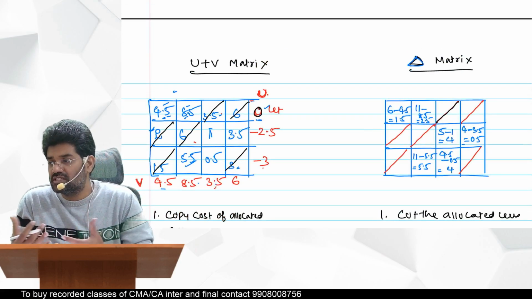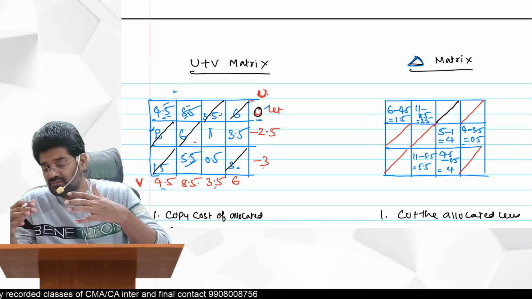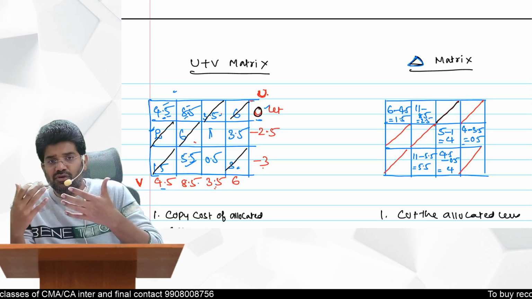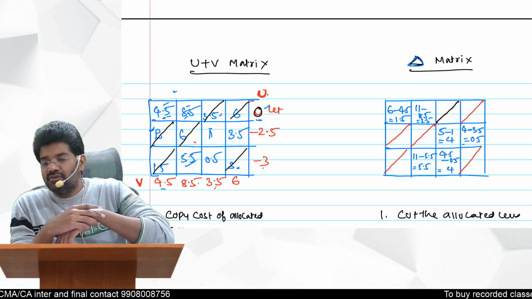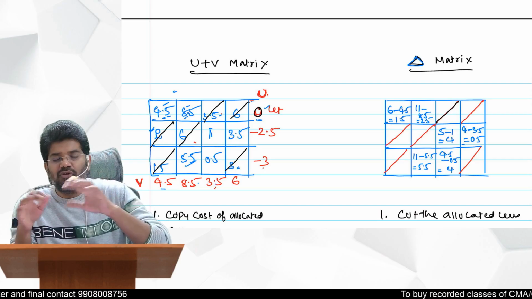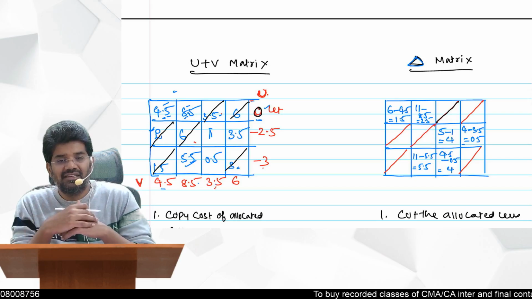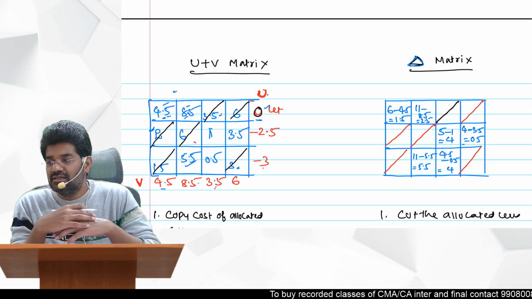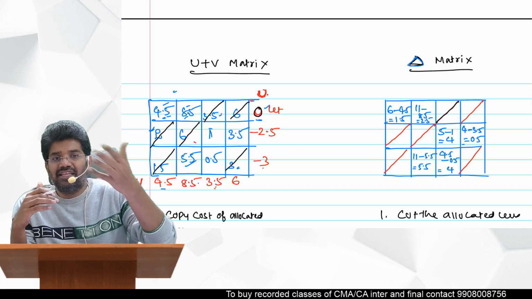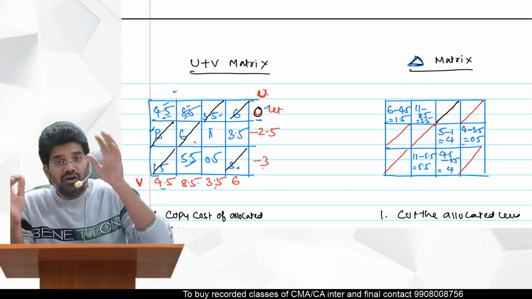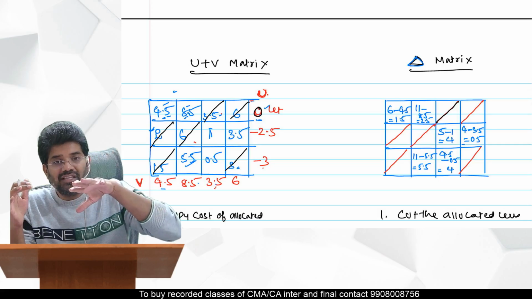0 means no extra cost. So even if it is 0, that means even if you do allocations there, the overall cost is not going to change. But if you get negative there, it indicates that if you allocate there, your total cost will decrease, so that is not the optimal solution.